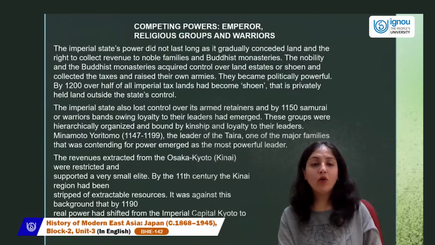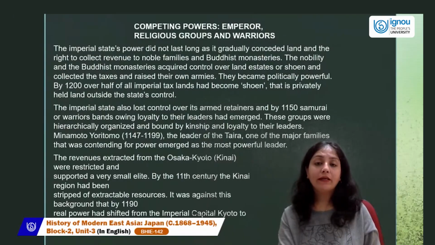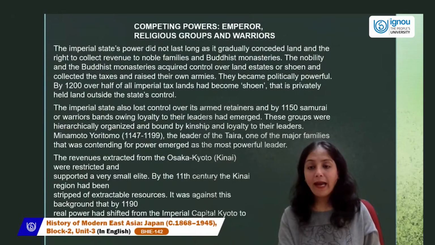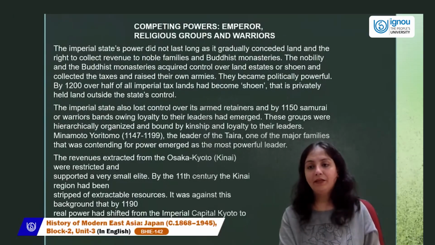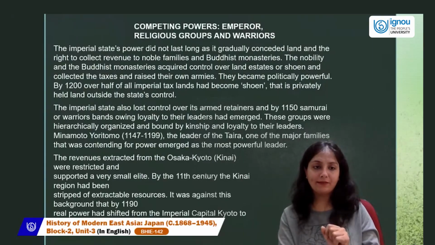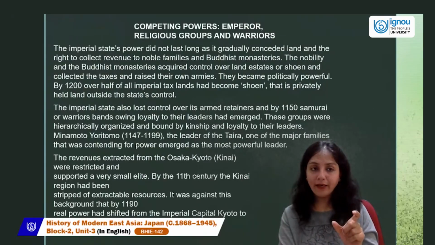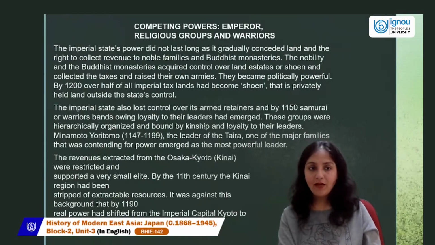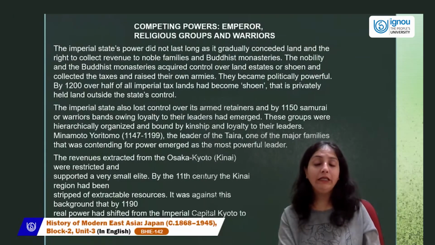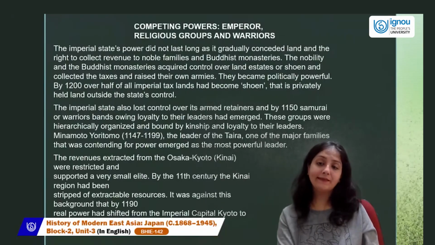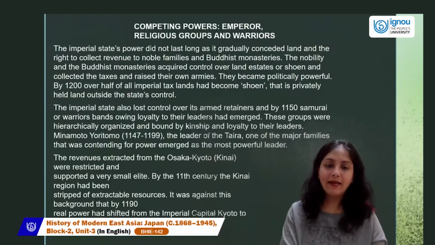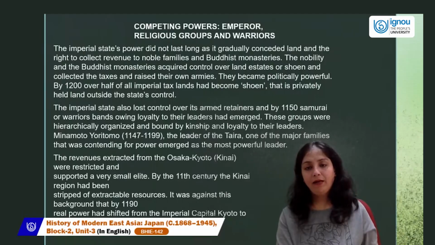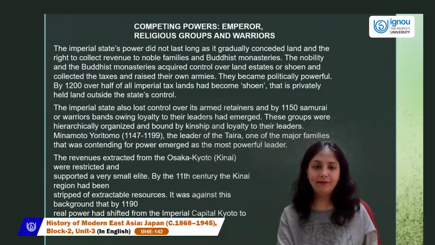The imperial state also lost control over its armed retainers, and by 1150, samurai, or warrior bands, had emerged, owing loyalty to their leaders. Samurai class and warrior class are the same. These groups were hierarchically organized and bound by kinship and loyalty to their leaders.